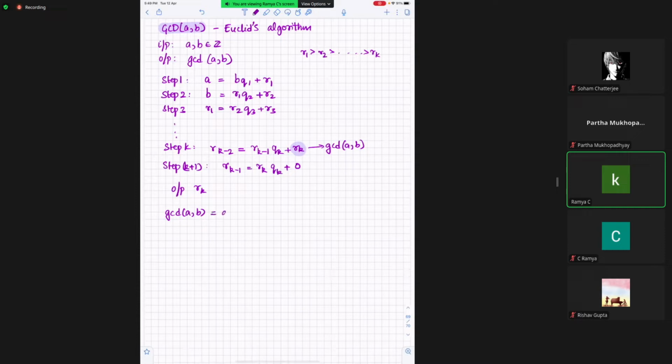So GCD of A, B is GCD of R1 and so on, with equality. In the end, you will get GCD of Rk minus 1, Rk, which will be equal to GCD of Rk comma 0, which is Rk. So whatever we've written above is the right way to compute this.